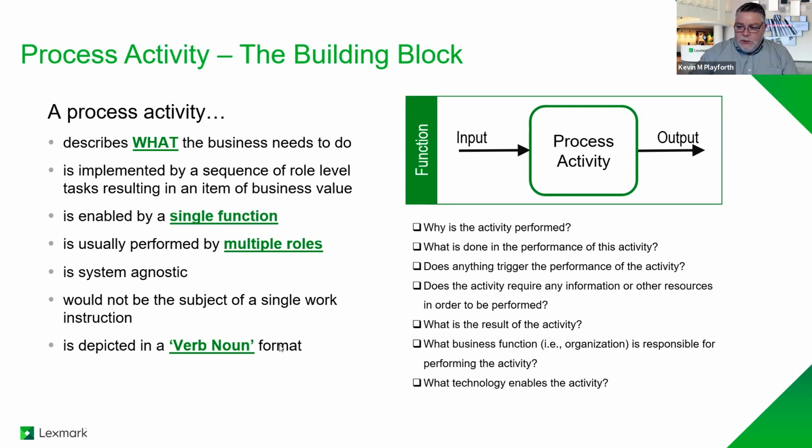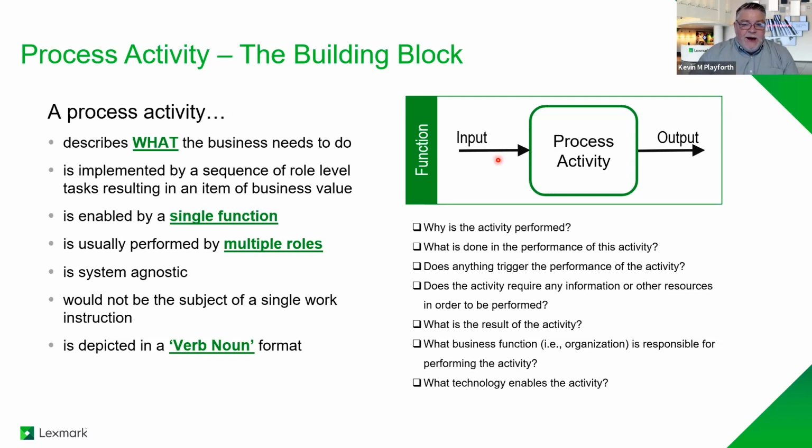Graphically, when we draw activities, let me put my pen on here. When we draw a process activity, we're defining what I like to call an IPO. So the input, the process itself, and then its output.